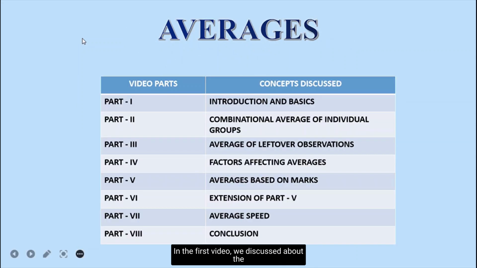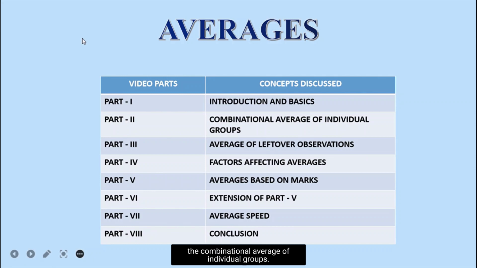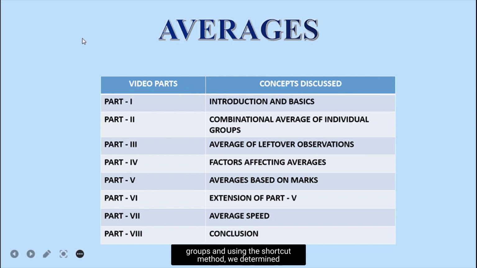In the first video, we discussed the basic definition and how averages can be computed on the odd numbers, even numbers, and natural numbers using the shortcut methods. In the second part, we determined the combinational average of individual groups. That is, there will be n number of groups, and using the shortcut method, we determine the overall average of all those groups.